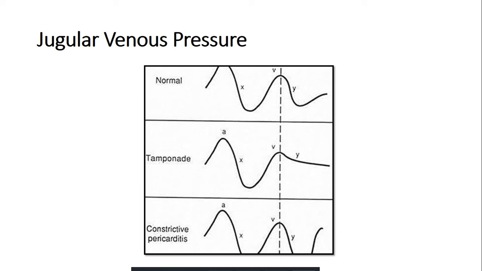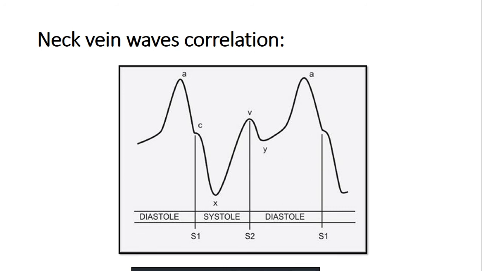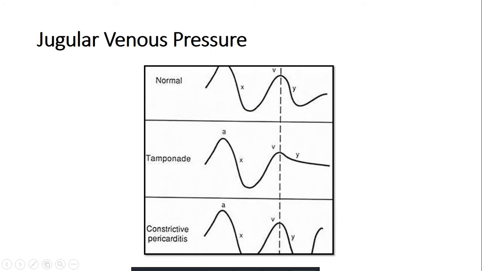this will not last so much because the pericardial fluid is still surrounding the whole heart. But during RV contraction, we know that the X descent is related to the systolic phase of the ventricle. Here we are talking about the right side.